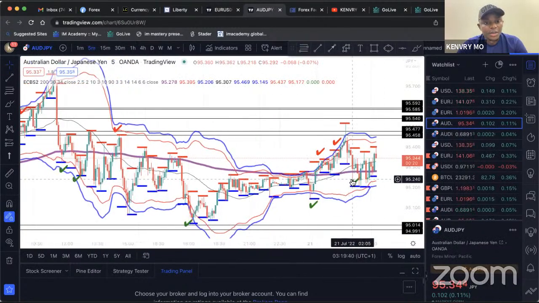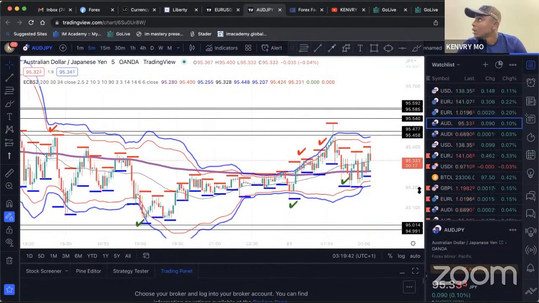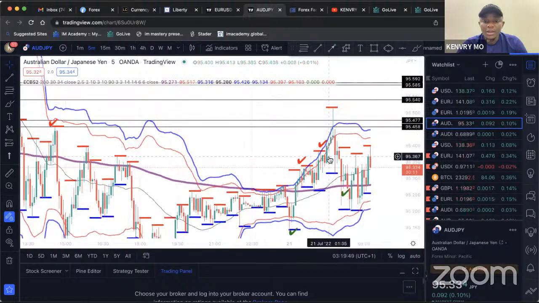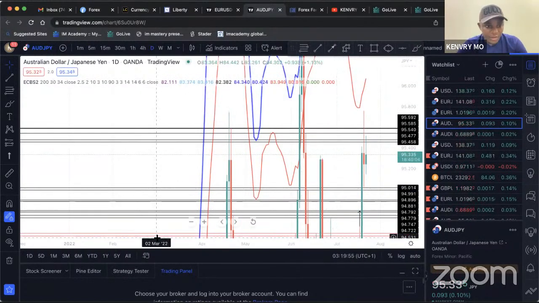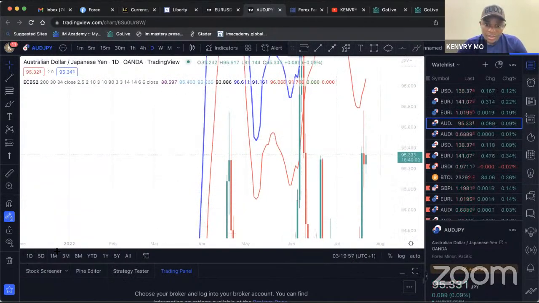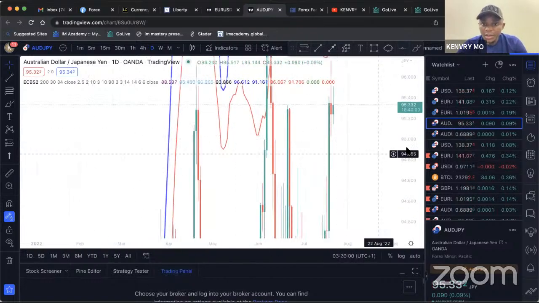I'm looking at AUD JPY. All right. So daily, let's find the areas on daily.